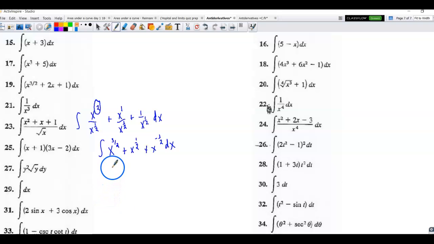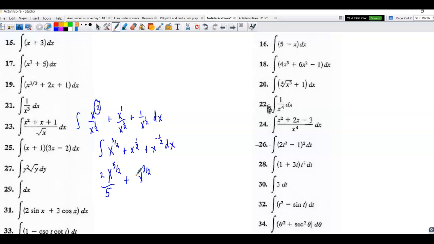All right, the antiderivative using the reverse power rule is to increase the power by 1, so 3/2 plus 2/2 makes 5/2. Dividing by 5/2 is multiplying by 2/5. That's the first term. For the second term, when we increase the power by 1, so 1/2 plus 2/2 makes x to the 3/2.